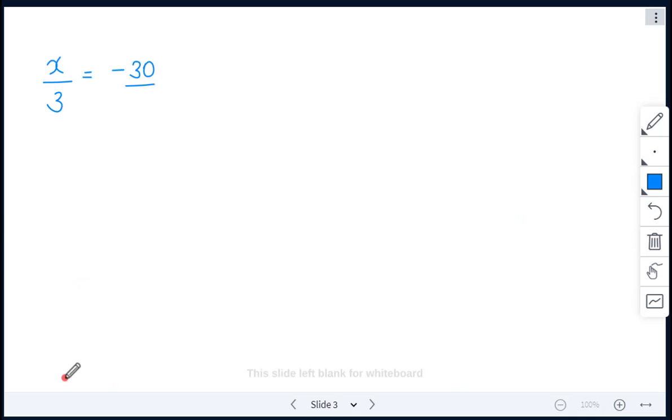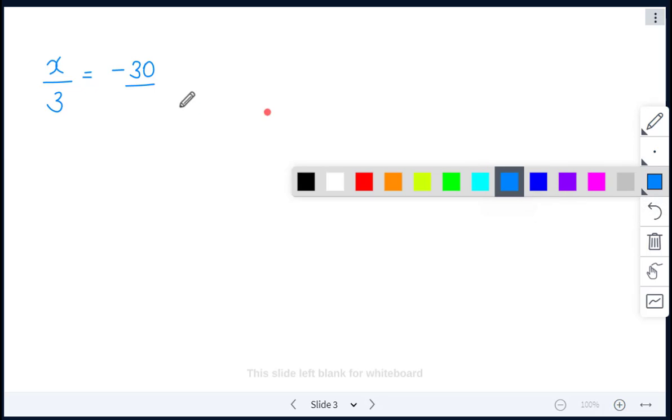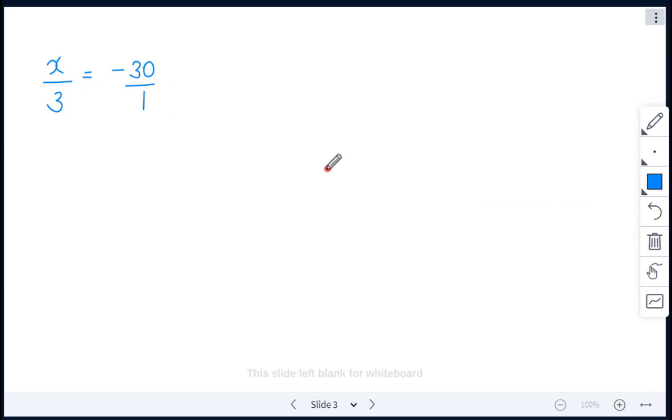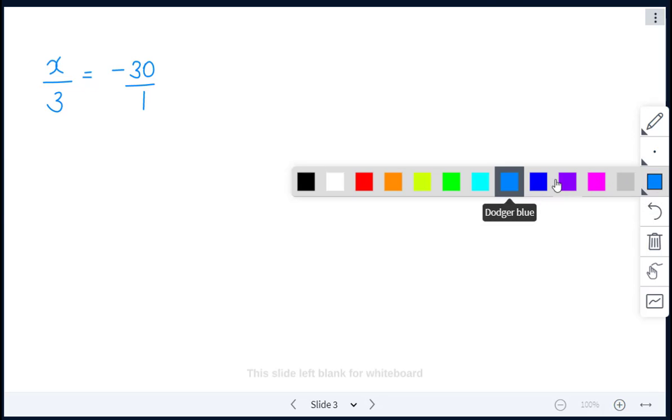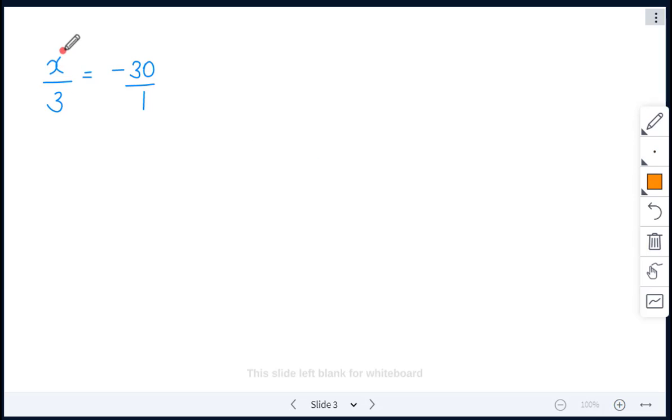All right, so we're just looking at x over 3 is equal to negative 30. We need to solve for x. So using the cross multiplication method, firstly, it's negative 30. You can make it over 1. And then we're going to use our cross multiplication method. So we take x, and you're going to multiply it by the 1, which leaves me with x times 1, which is just x.